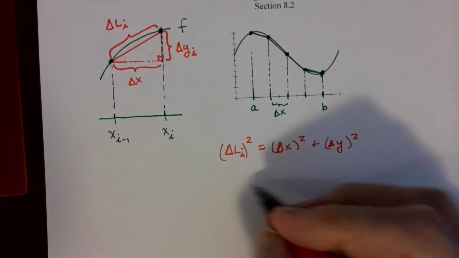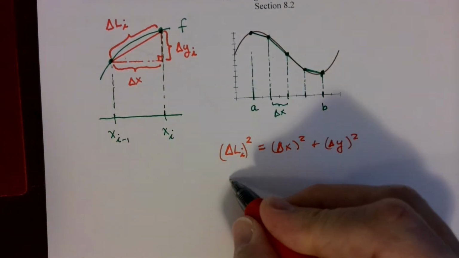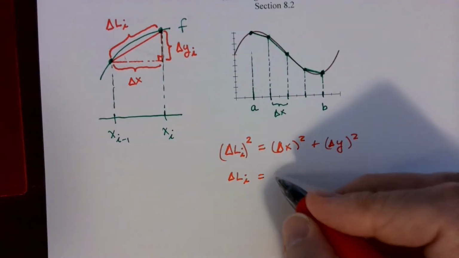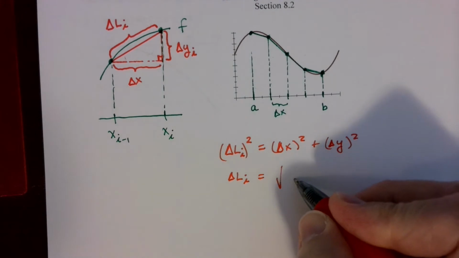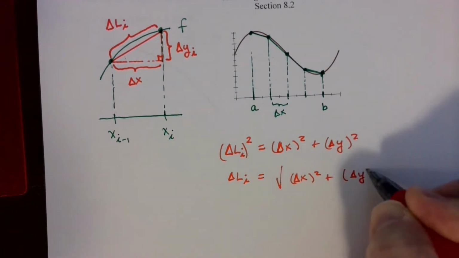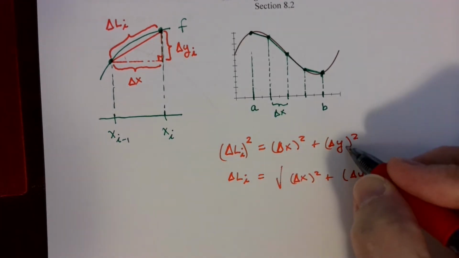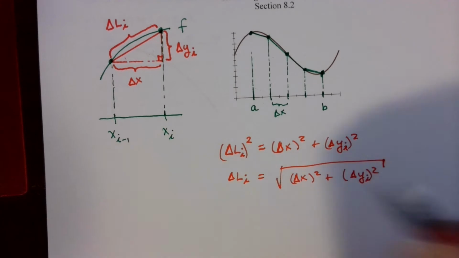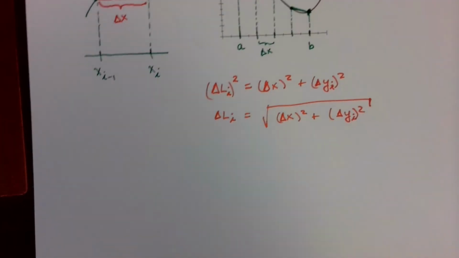And so I can solve by taking the square root for this length, this approximation to what we call the arc length. Okay, so we get to this point.